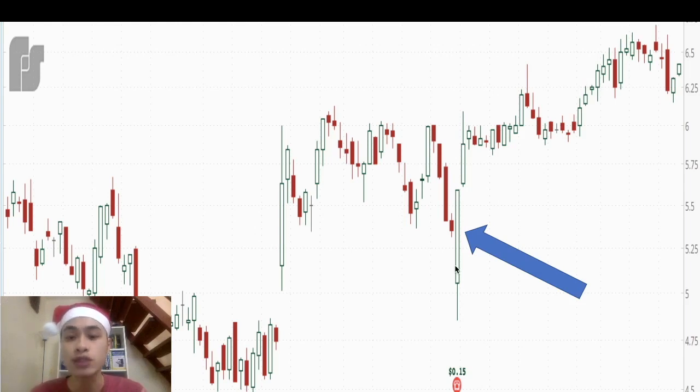So that is what a bullish engulfing pattern means for us. It can indicate a possible bullish reversal signal. So a bullish reversal signal means that when prices start to decline and when suddenly a bullish engulfing pattern appeared, it means that prices are likely or have a higher probability of advancing rather than declining. So that is the bullish engulfing pattern.